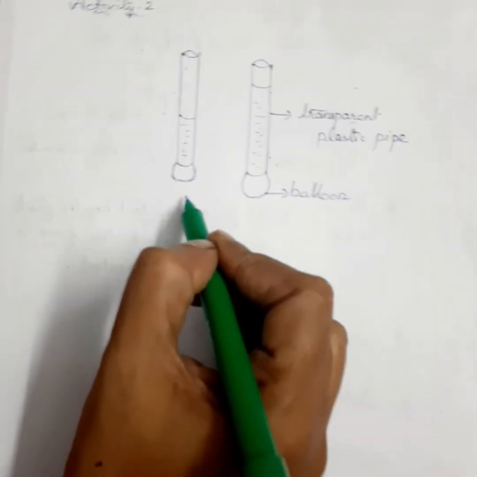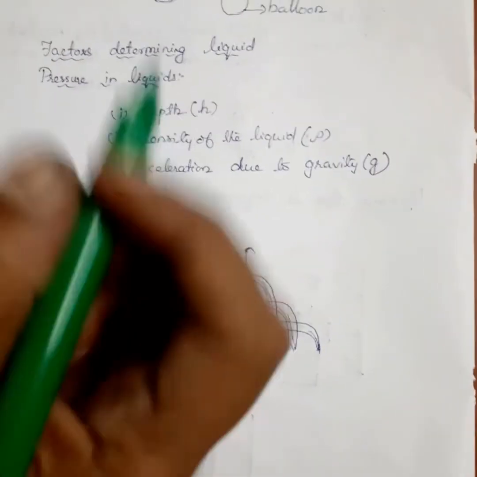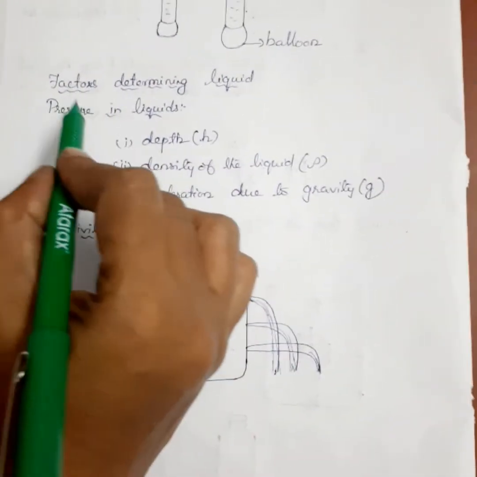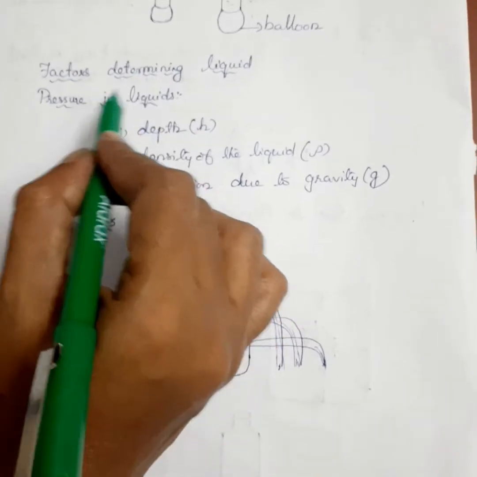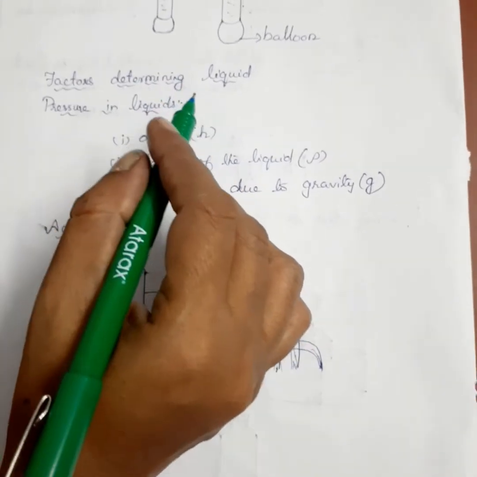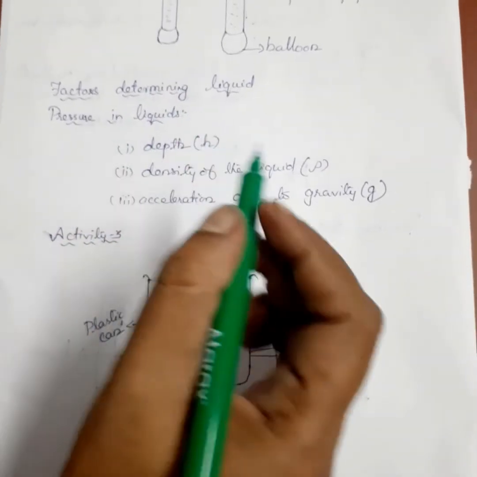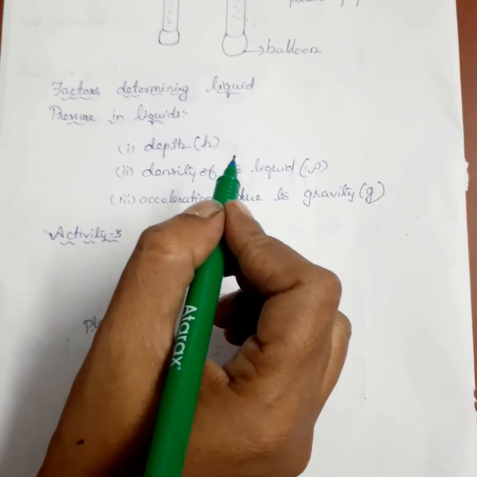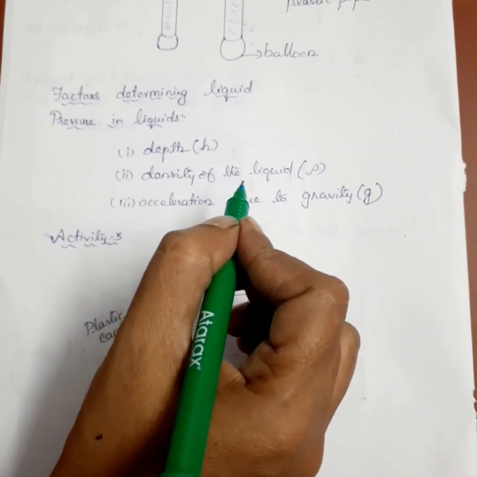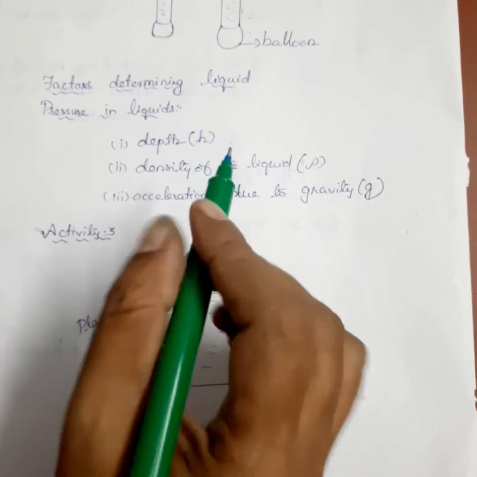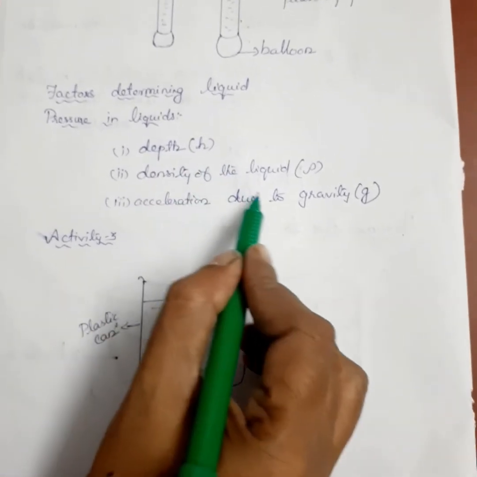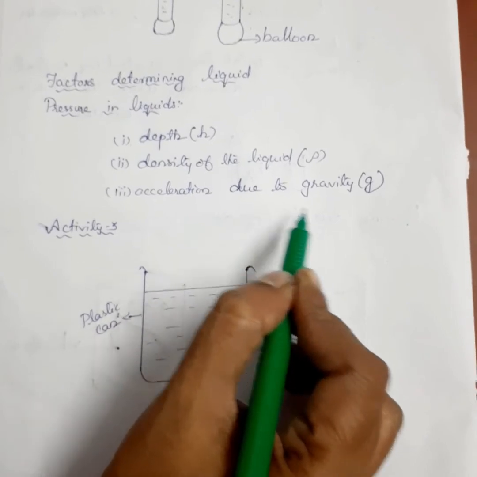Do you understand? Now you are going to learn another topic: factors determining liquid pressure. The pressure exerted by the liquid at a point is determined by three factors: depth, density of the liquid, and acceleration due to gravity.